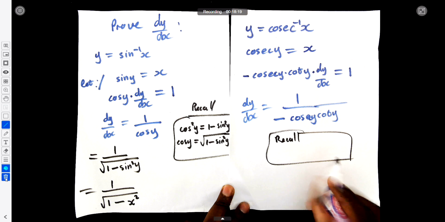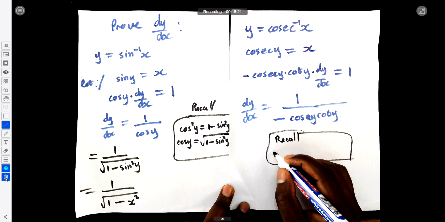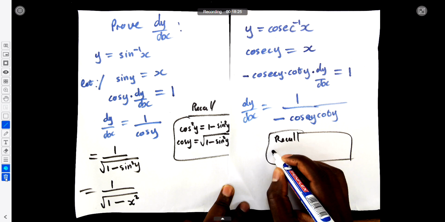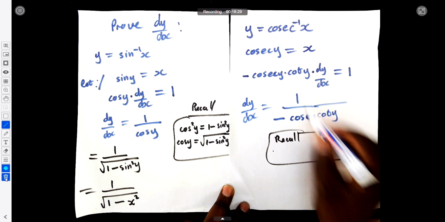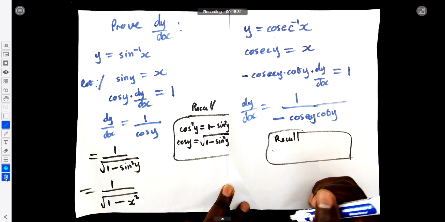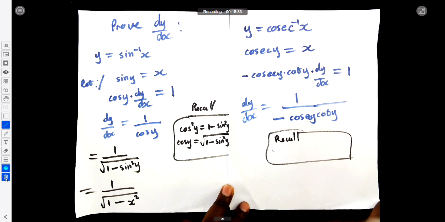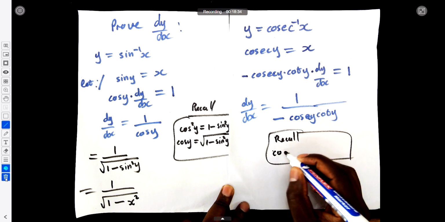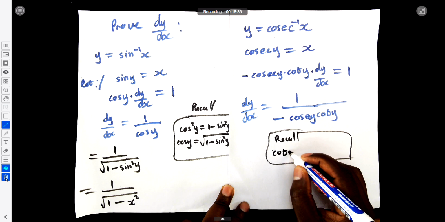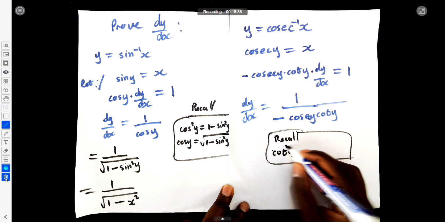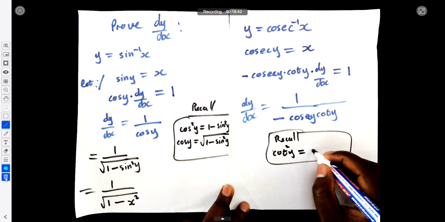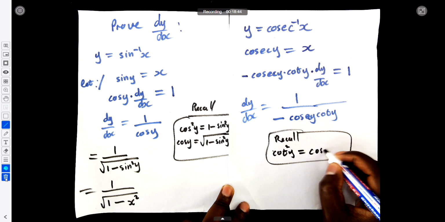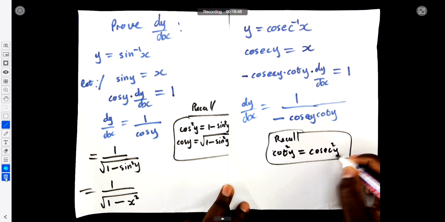So if we recall square identities, we can substitute. We see that we're given cosec y, so we can replace it by x. But what about cot y? Cot squared y is equal to cosec squared y minus 1.